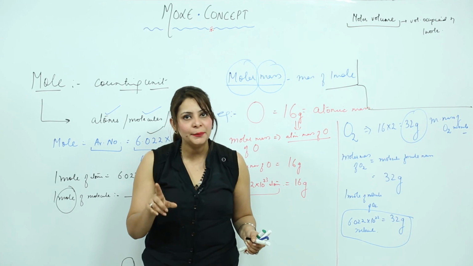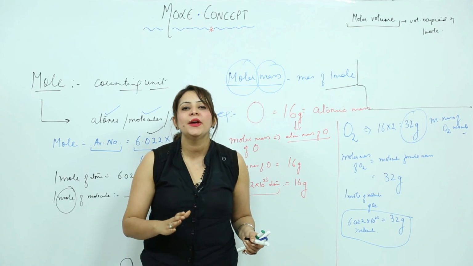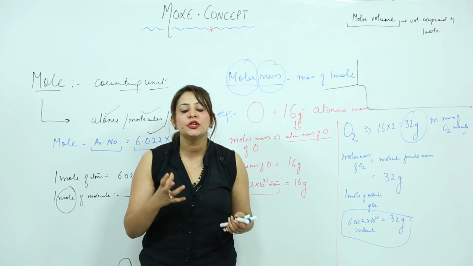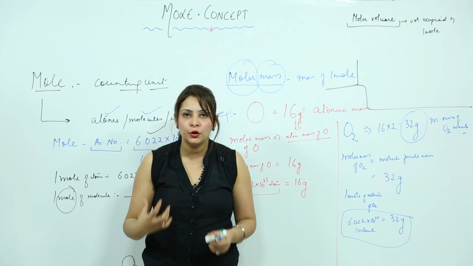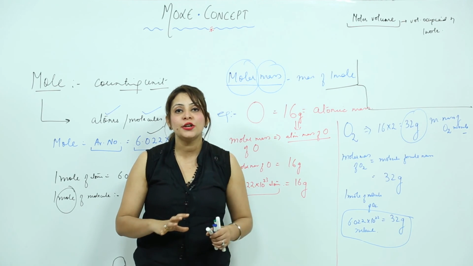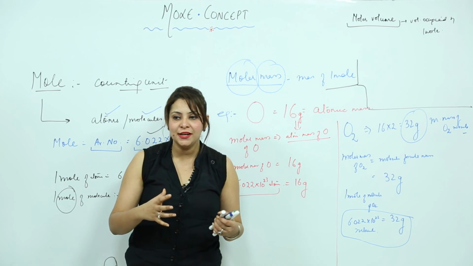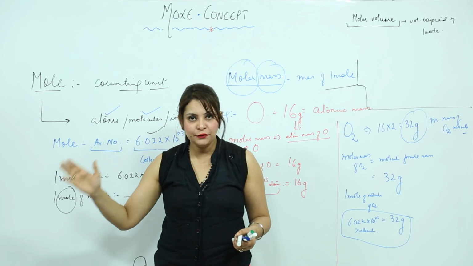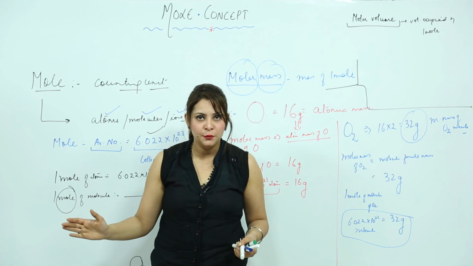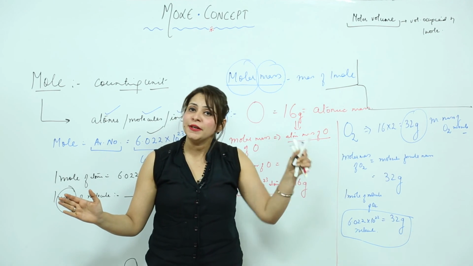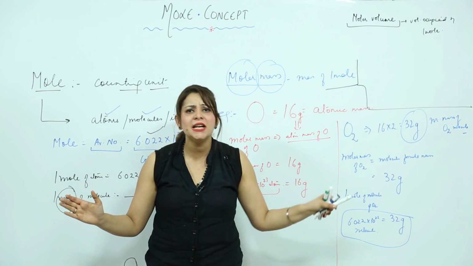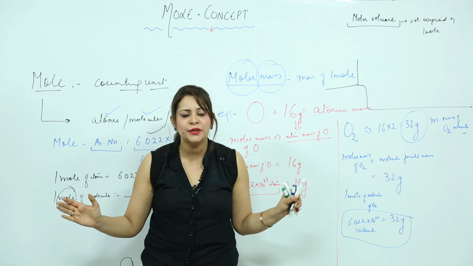And this happens when the temperature and pressure are constant. That means you need to have constant temperature and constant pressure. So what did Avogadro actually conclude? In an explanatory way, I'm going to tell you. He said that if there is constant temperature and constant pressure, then irrespective of the nature, whether you have N2 gas, O2 gas, helium gas, or any other gas, we are not concerned with the nature.